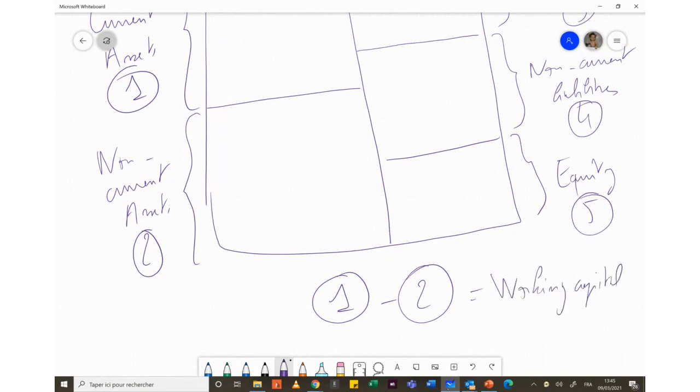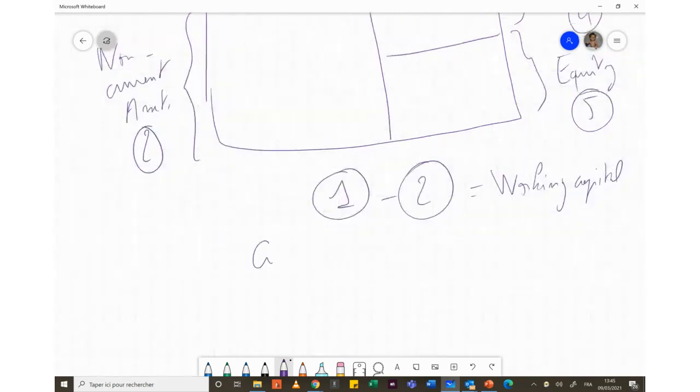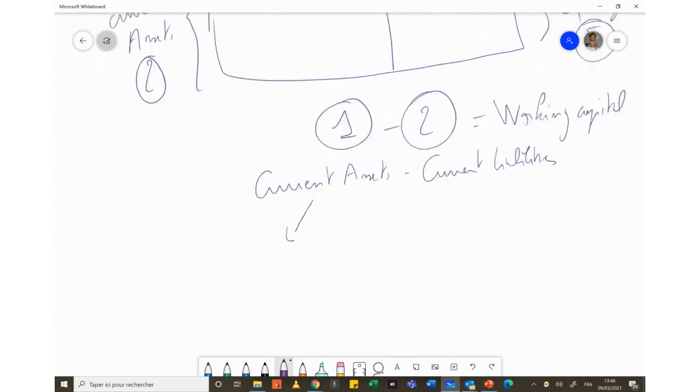So here, current assets minus current liabilities. But in your current assets, you have operating assets, what is needed by operating activities.